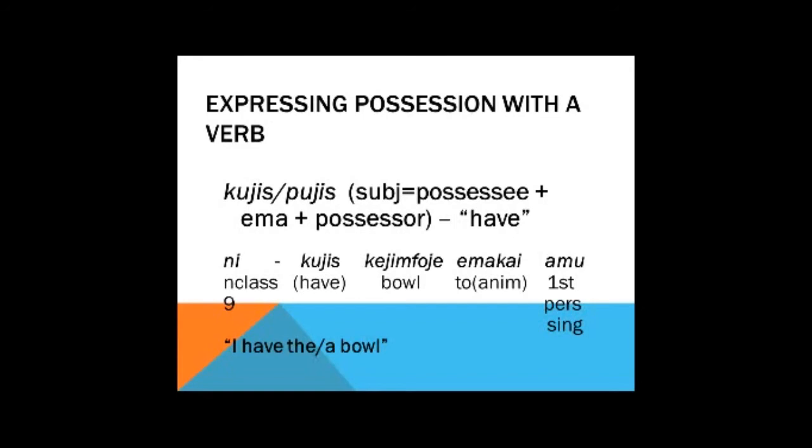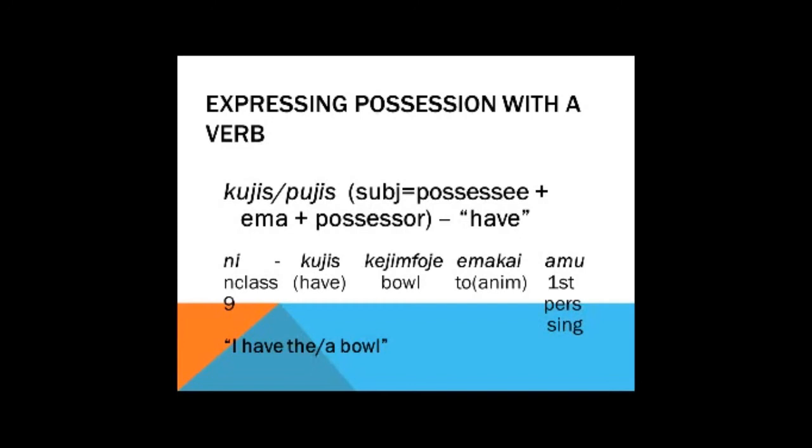So let's just have a look at this construction here. So we're saying I have a bowl. So you've got nikuyis kayim foye yema kayamu. So the verb has a subject which is the bowl. So the bowl is what's actually being to me. So it's the subject of the verb, and the prefix will be noun class 9 to which bowl belongs.